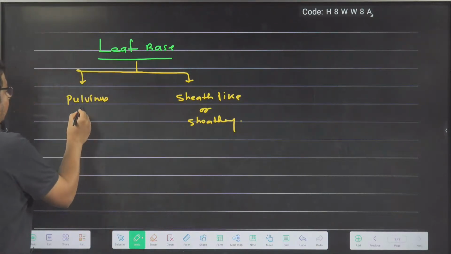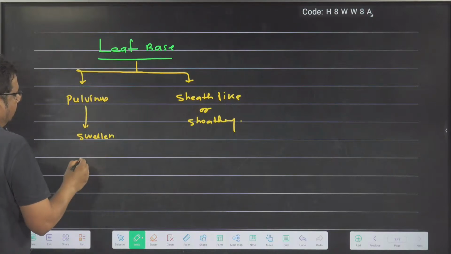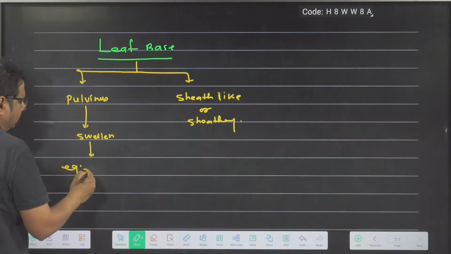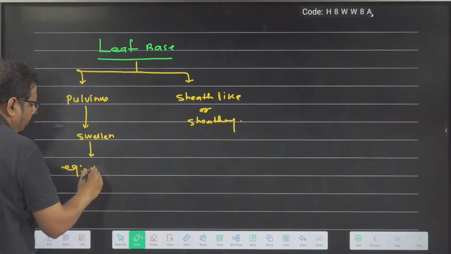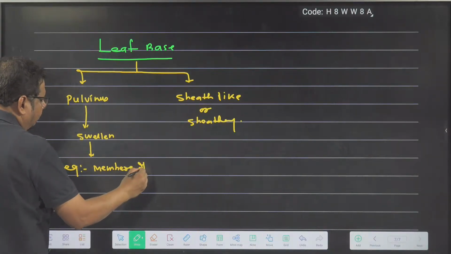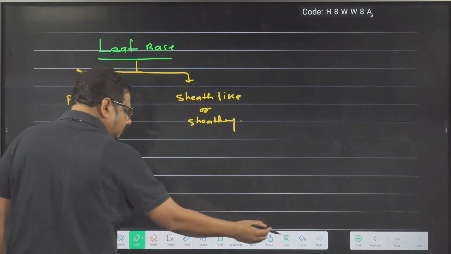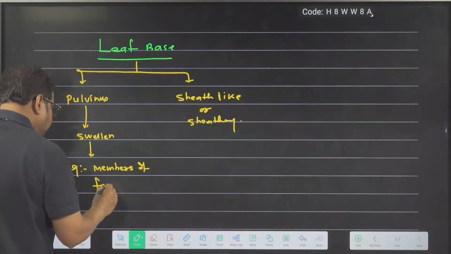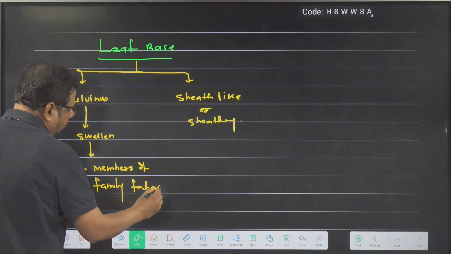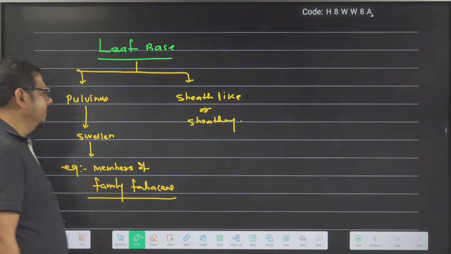So pulvinous leaf base means swollen leaf base. And an example of this type of leaf base is the members of family Fabaceae. In members of family Fabaceae, you will find pulvinous leaf base.